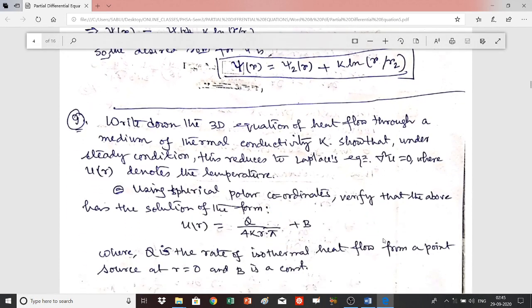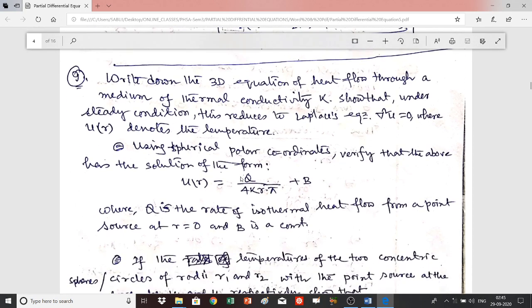Now another problem is here. Write down the three-dimensional equation of the heat flow through a medium of thermal conductivity K. Show that under steady condition, just stress these words, steady condition, this reduces to Laplace equation ∇²u is equal to 0, where u(r) denotes the temperature.